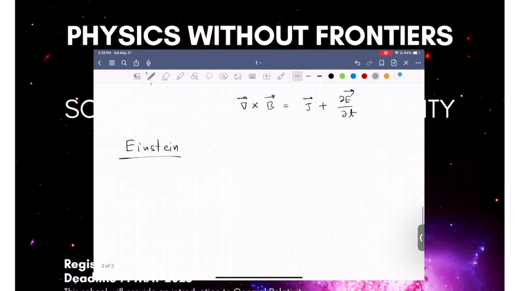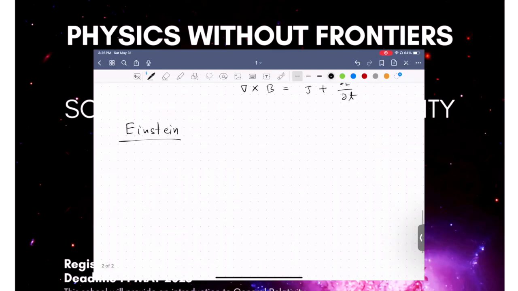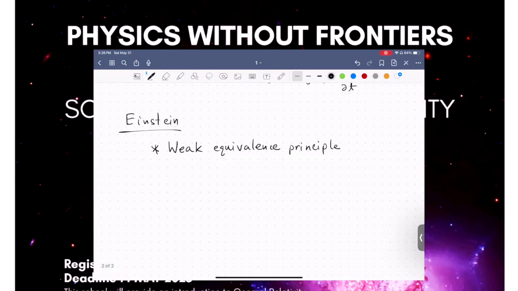For example, from the time of Galileo, we know about a very interesting property of gravity, which is sometimes called the weak equivalence principle. Okay. So what is this? Notice a very curious feature.